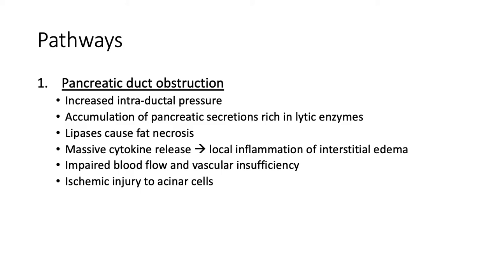If we have an obstruction, there would be intraductal pressure buildup, and the pancreatic enzymes will accumulate. The accumulation by itself could activate these lytic enzymes and cause erosion, since these enzymes are corrosive in nature. So we will have this massive activation of these enzymes.